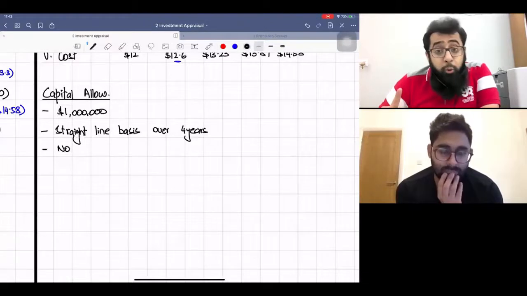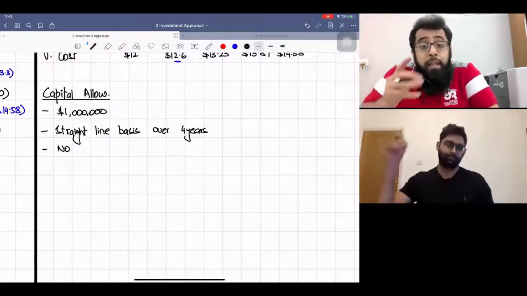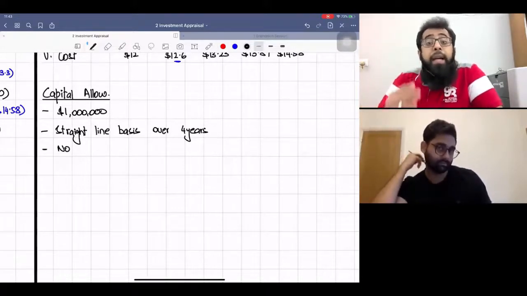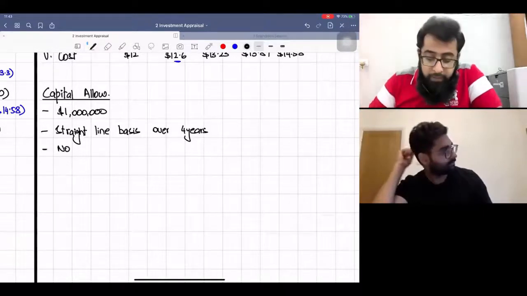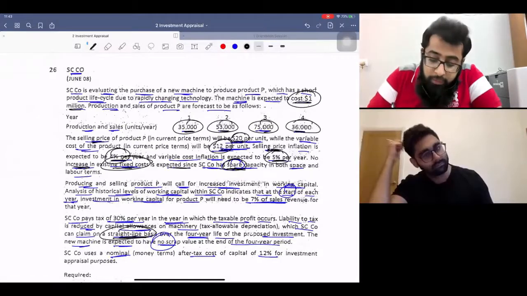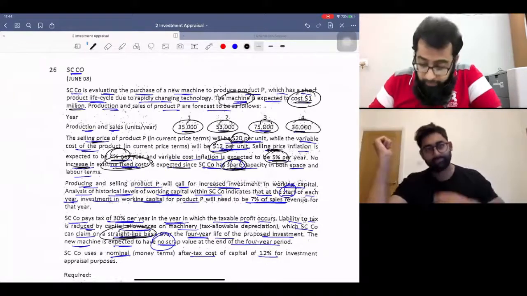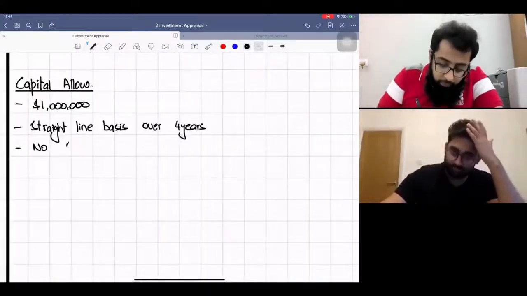But in advanced questions, once I move towards adjusted present value, there will be questions where there will be some investment in the land on which there will be no capital allowance, and some investment will be on machine. Since it is the first class, I'm doing basic questions with you in which there is only investment in machine. So no scrap value.